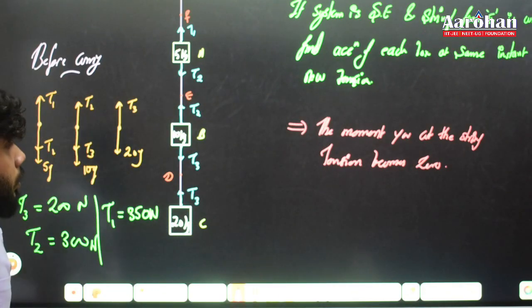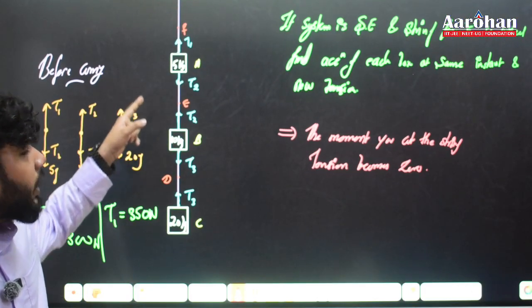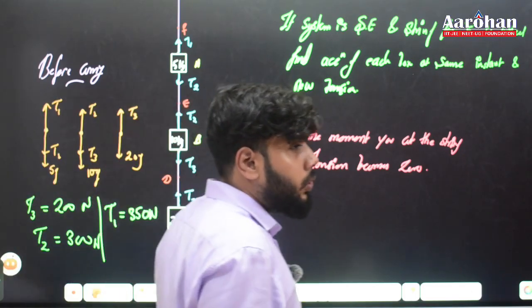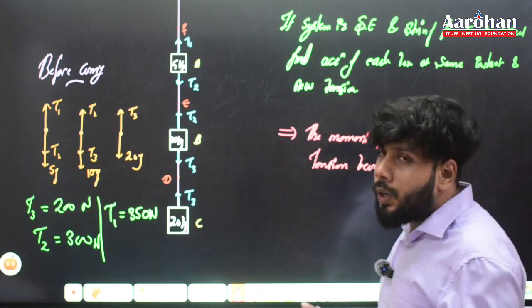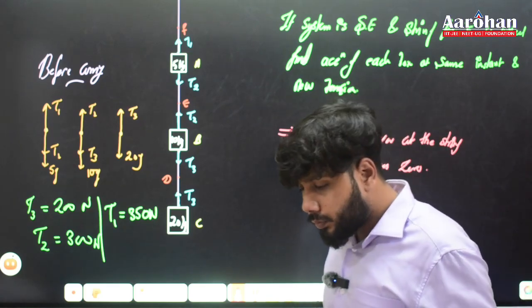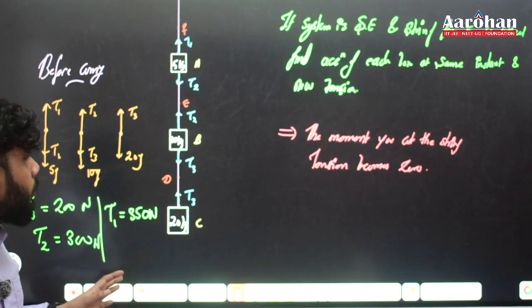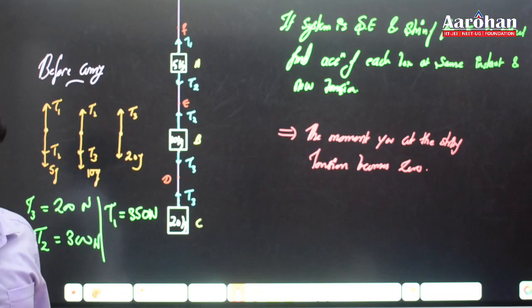We are also assuming that the string is non-stretchable. In real life, whatever string you use is going to stretch and will also have some mass. But we are assuming there is no mass of the string and no elasticity in the string. So the moment you cut from E, tension in that string becomes 0. So T2 will become 0.